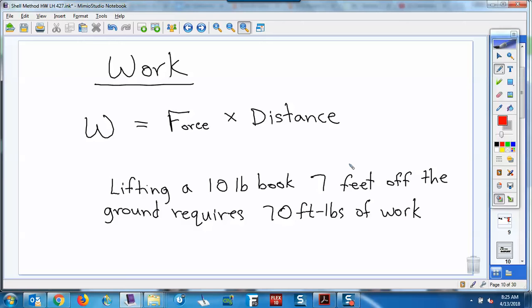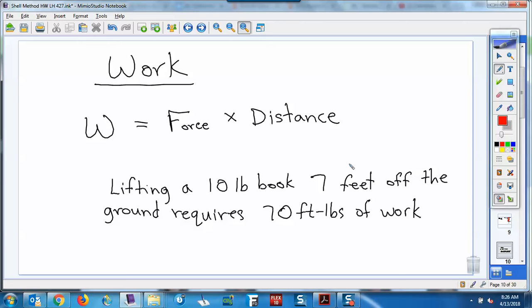If I took a 100-pound weight and held it over my head like this, pretty soon your arms start shaking. I probably couldn't even lift it, but whatever. But you're not doing work. It has to be through a distance. Now, the act of lifting it. So, if you took a 10-pound book, lifted it 7 feet off the ground, 7 times 10, that's 70 foot-pounds of work is what you've done.